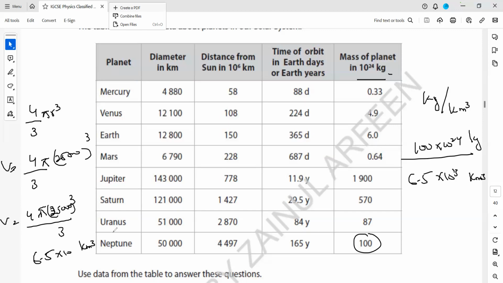So it will be 6.54 exponent 13, because it is 25,000 cubed. I wrote 2,500, that's why it was coming out wrong. Then 100 exponent 24 divided by 6.5 exponent 13 will be 1.53 or 1.54, you can say. So this will be 1.54 into 10 to the power 12 kilograms per kilometer cubed.